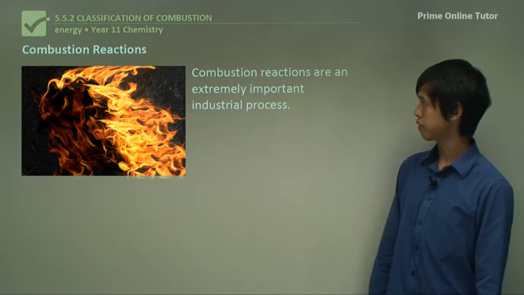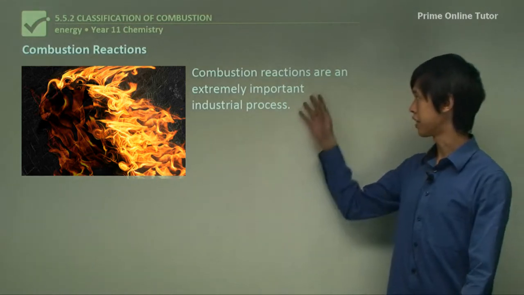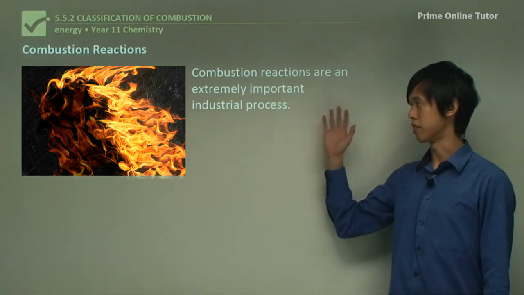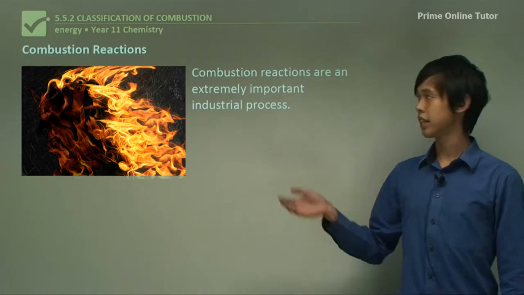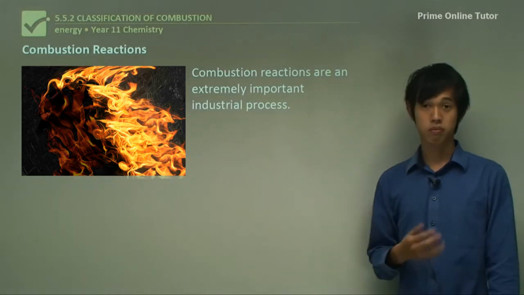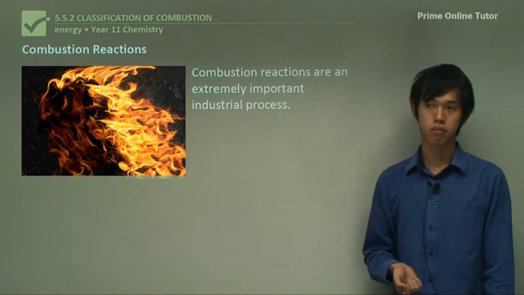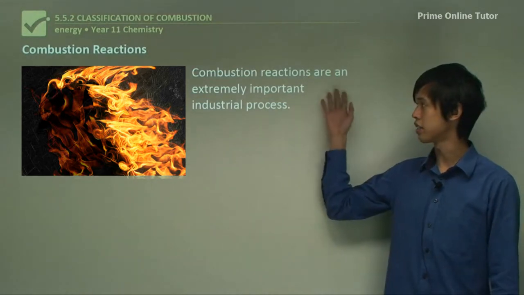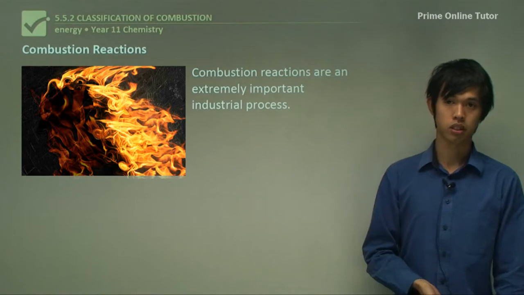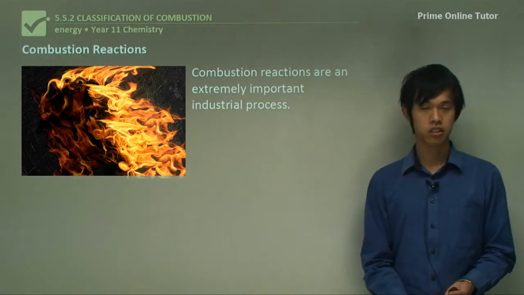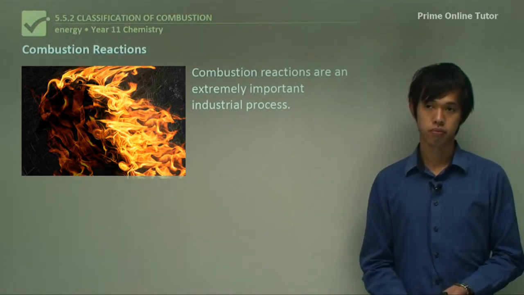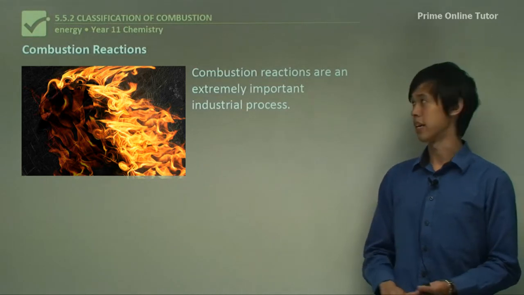Combustion reactions are an extremely important industrial process. Basically, any sort of power generation, with the exception of most renewable power generation, is combustion of some description: coal, natural gas, oil if you have that kind of money available.